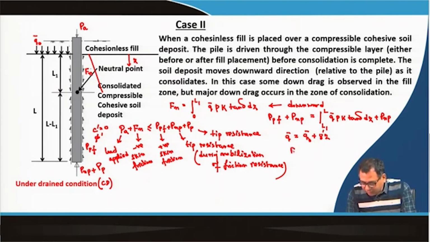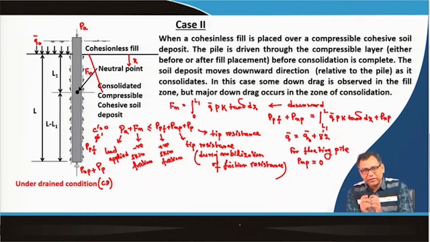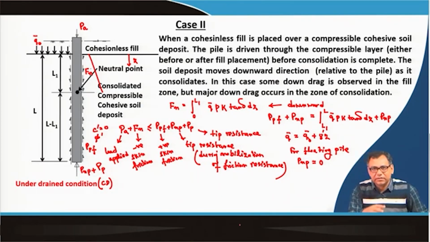Now, for floating pile, we assume that P and P contribution is 0, but for tip pile there will be some contribution. For floating pile, we assume that P and P is equal to 0, because the tip contribution due to the friction resistance mobilization is very small.